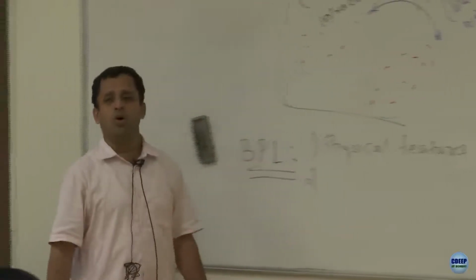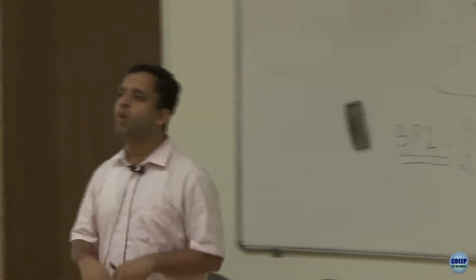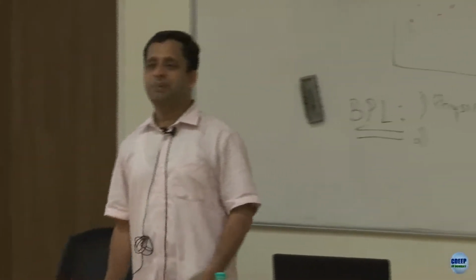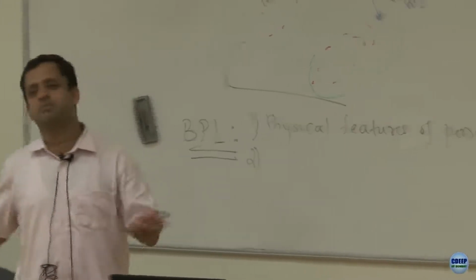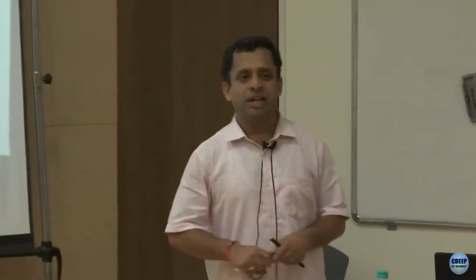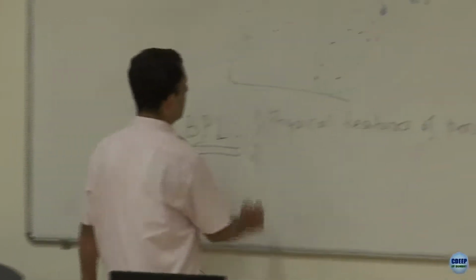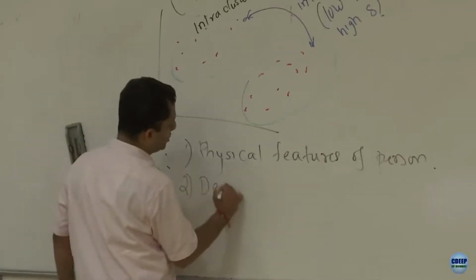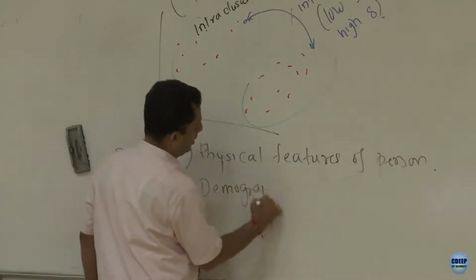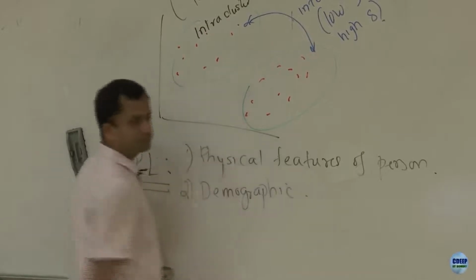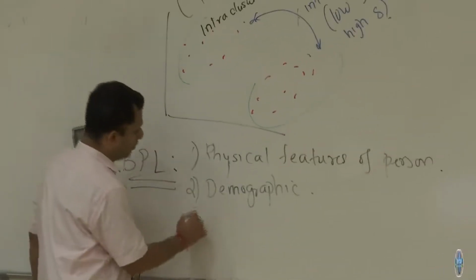Right, but more so, there might be a lot more other features which may be completely irrelevant. For example, the place a person hails from, where the person is born, right? So that may not be very useful at all. Demographic information, possibly age.